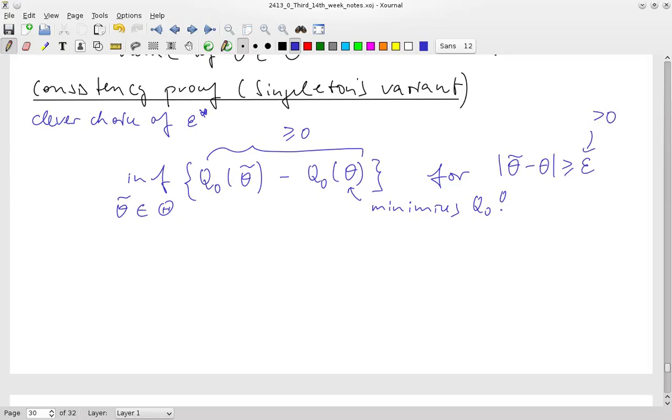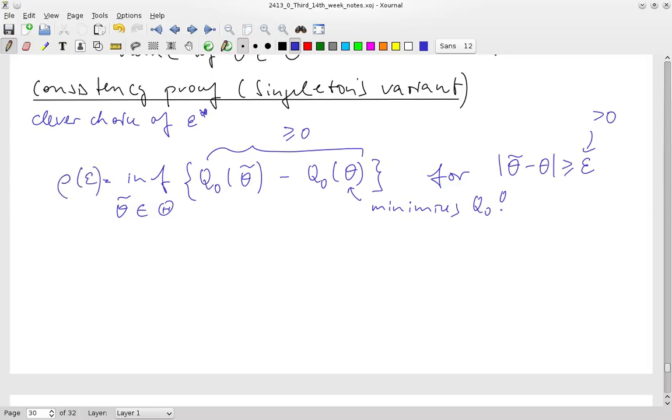No? So this is not 0. If it were 0, then you would pick theta tilde equal to theta, the true parameter value, but no, you can't. There's a certain difference that you have to obey here. Okay, so the inf, the largest lower bound of this difference, is not 0, but some positive number, and this positive number will be denoted rho of epsilon.